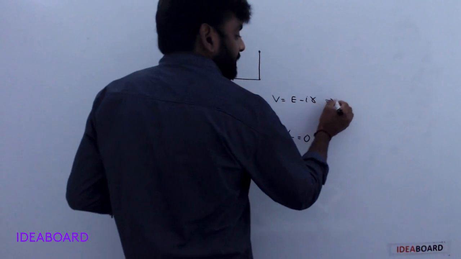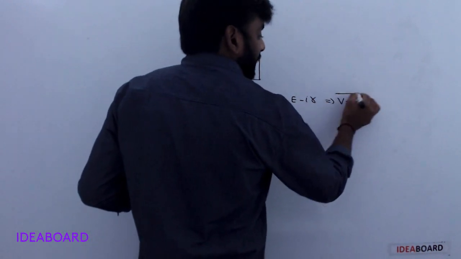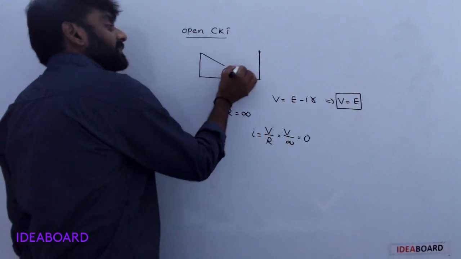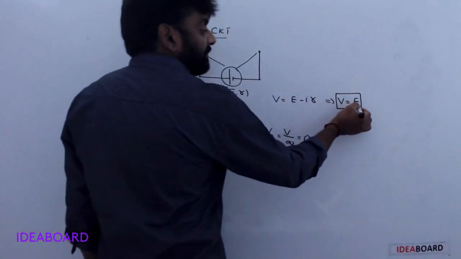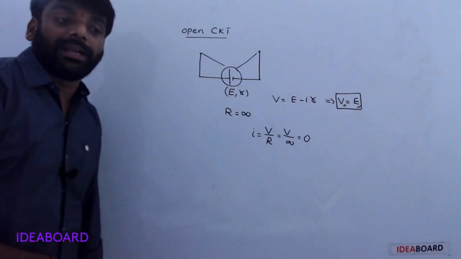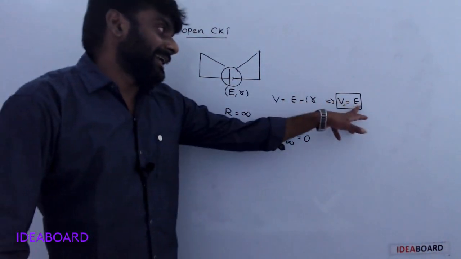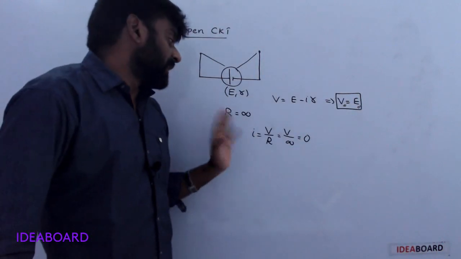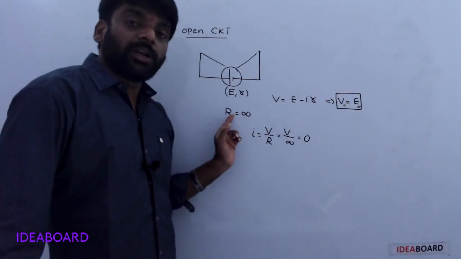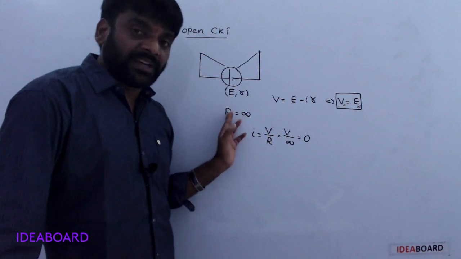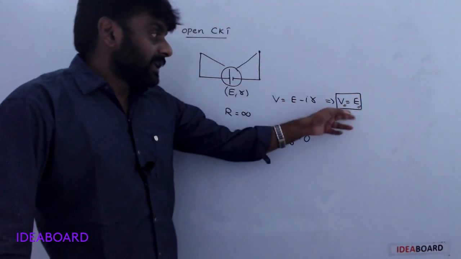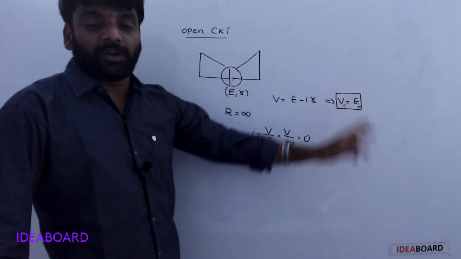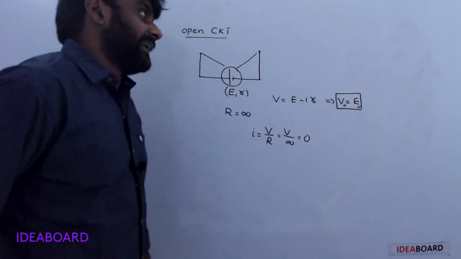Current is 0, which means V is equal to E. Now the battery EMF is equal to terminal voltage in open circuit, where external resistance is infinity. Terminal voltage is equal to EMF of the battery.